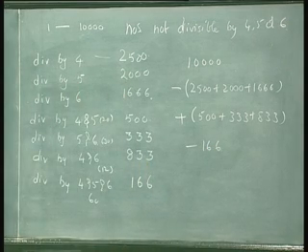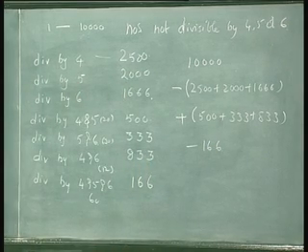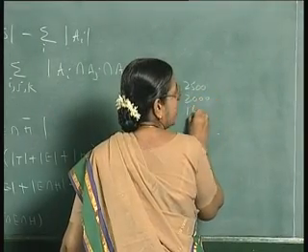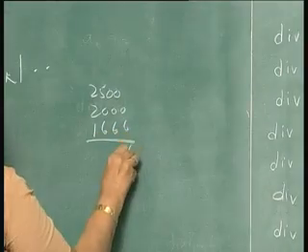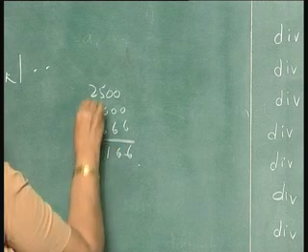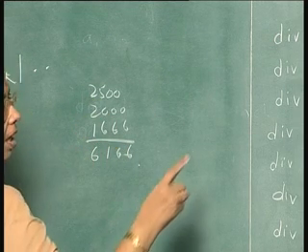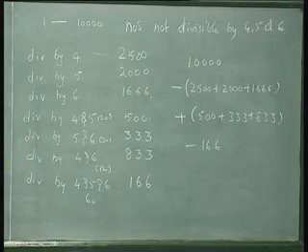What will that be? 2,500, 2,000, 1666 will add up to 6166, to which you have to also add 166.